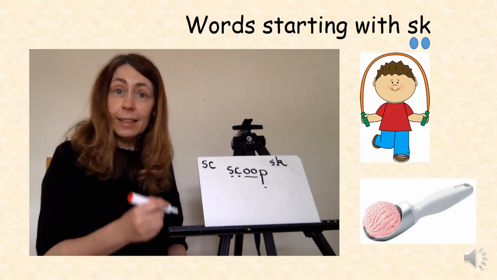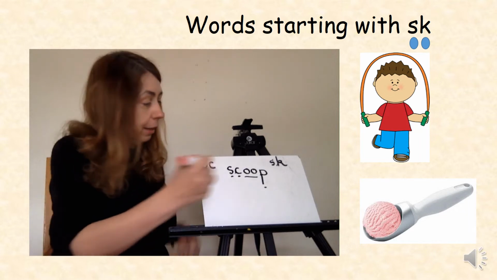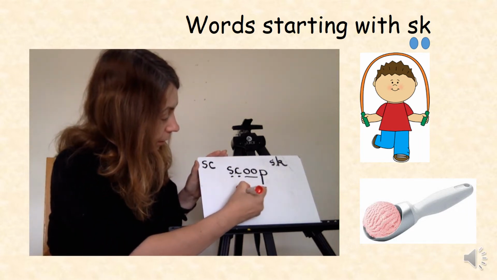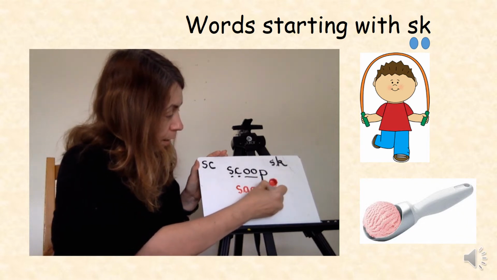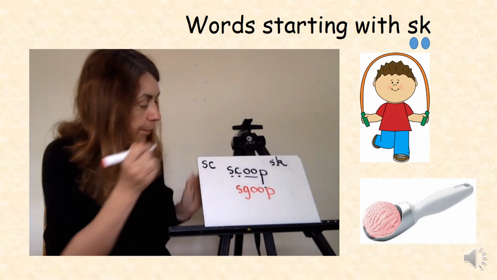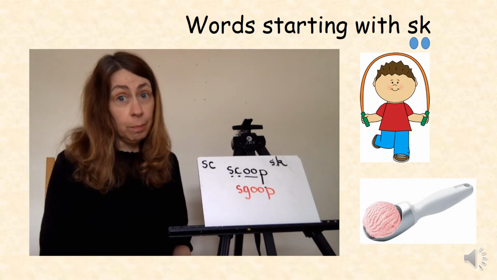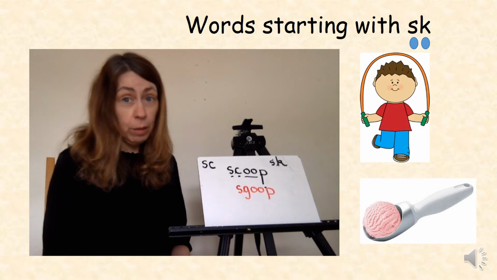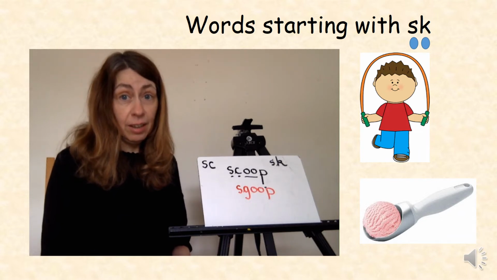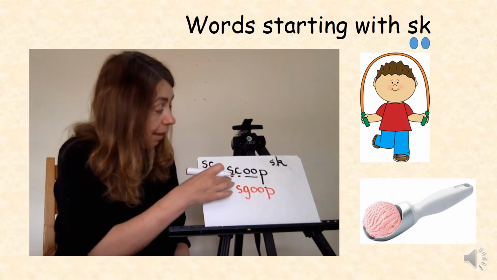You can hear S and G at the beginning of the word. S, G, oo, P. But we know that scoop doesn't start with an S and a G. And when you hear that sound, S and G, you need to write S and C.